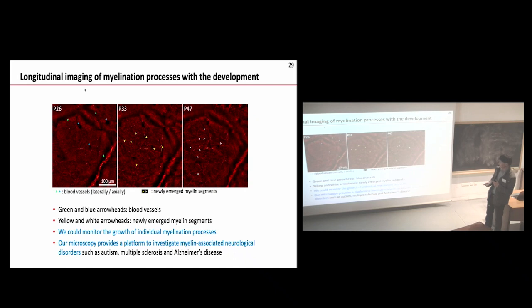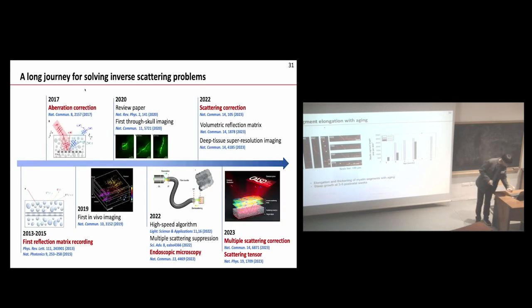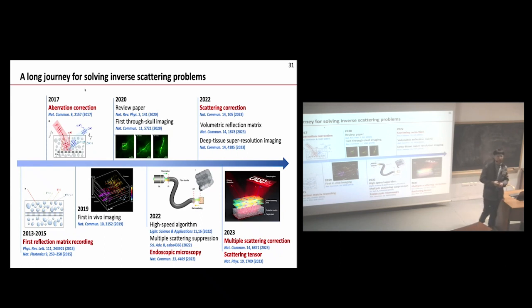In fact, this can lead to studies of myelin-associated neurological disorders, such as multiple sclerosis and Alzheimer's disease. Of course, you can observe the elongation and also thickening of the myelin under the skull.